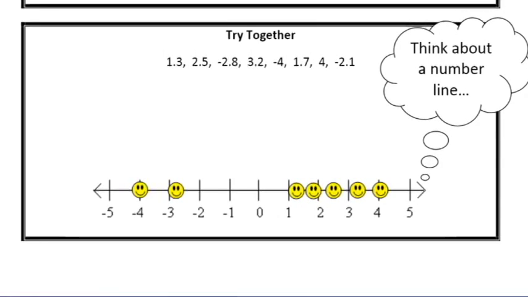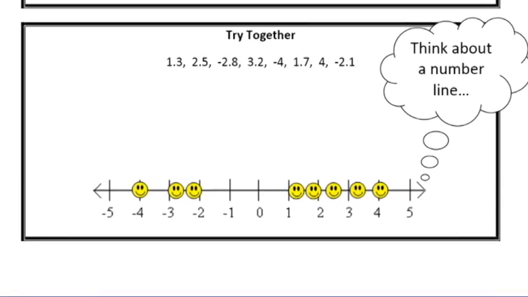Negative 2.1 is closer to negative 2, between negative 2 and negative 3. Again, compare negative 2.8 and negative 2.1. They're between the same two values. They're next to each other, but it's very common to put negative 2.1 before negative 2.8 if you're going from least to greatest.